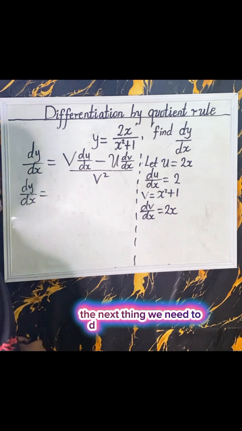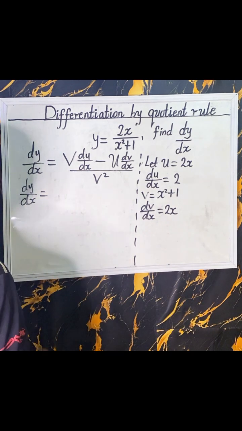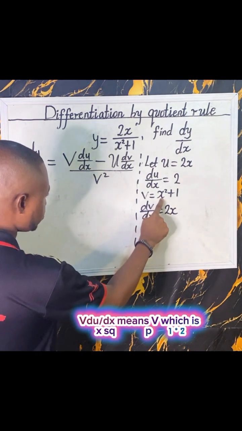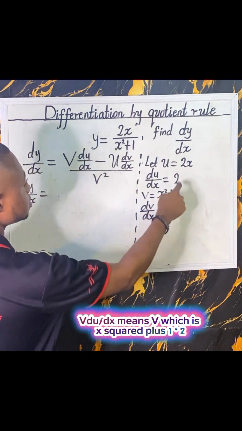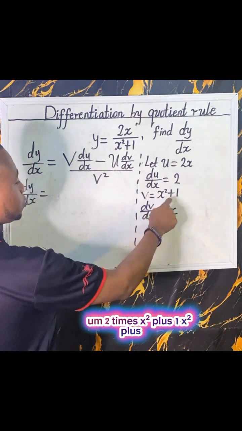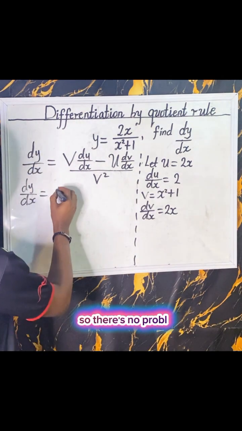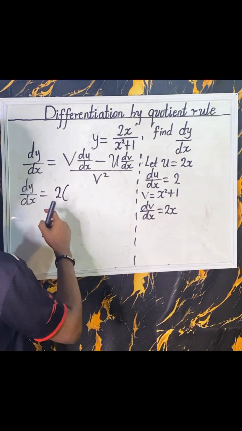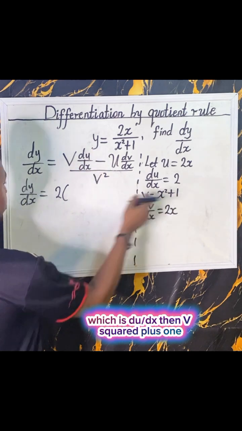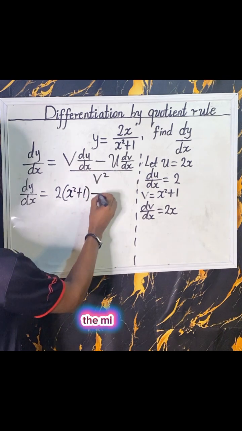The next thing we need to do is to apply them as instructed. v du over dx means v, which is x squared plus 1, times 2. 2 times x squared plus 1. x squared plus 1 times 2, it is commutative. So there's no problem. This becomes 2 into brackets, which is du over dx, then v, x squared plus 1, then minus.